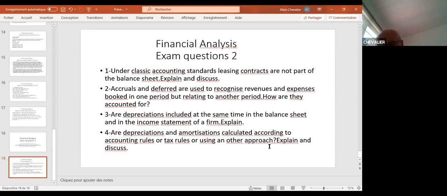And the year after, which is year 3, the gross value is still 100. The depreciation of a year is 20, and the net value in the balance sheet will be 60. What does it mean? It means that annual depreciations will be first taken into account in the income statement.